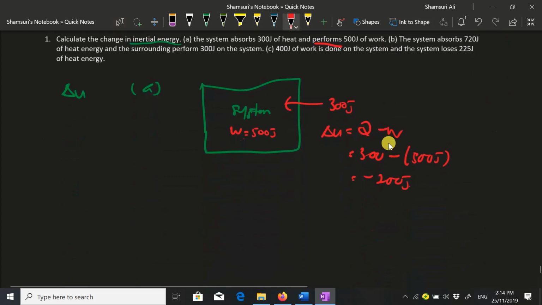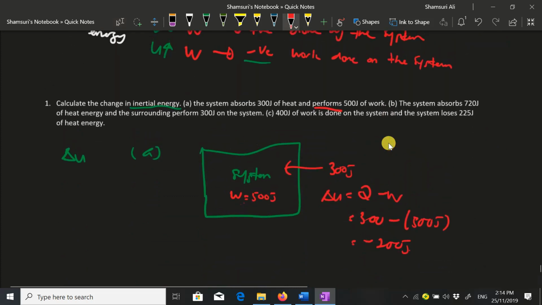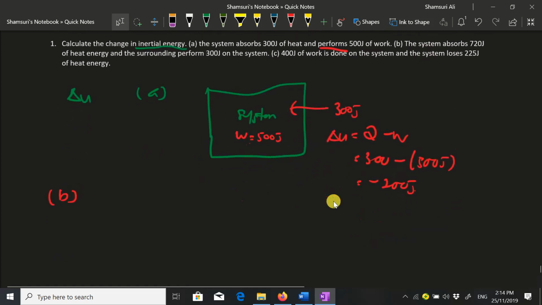Let's see the B question. So B question, let me go to the B question. We have another system also. So again the system absorbs 7,200 joules.